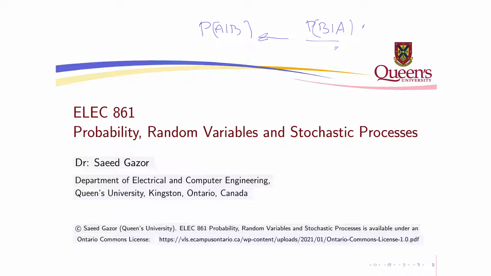And now we have learned about joint PDFs and also the conditional probability density functions. So we want to upgrade this Bayes' theorem using the joint probability density functions.